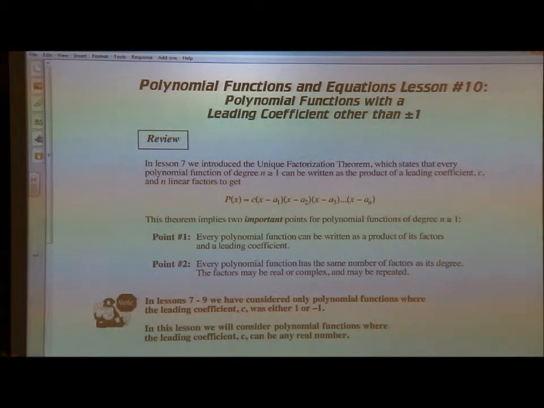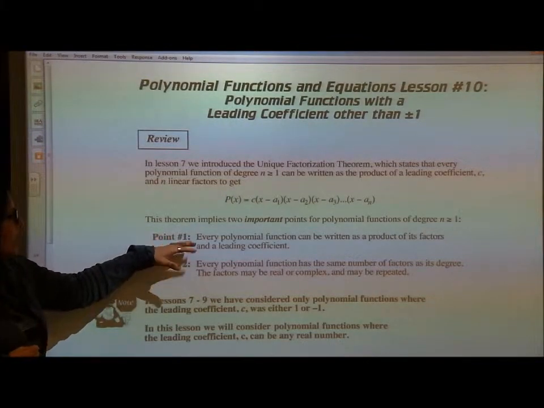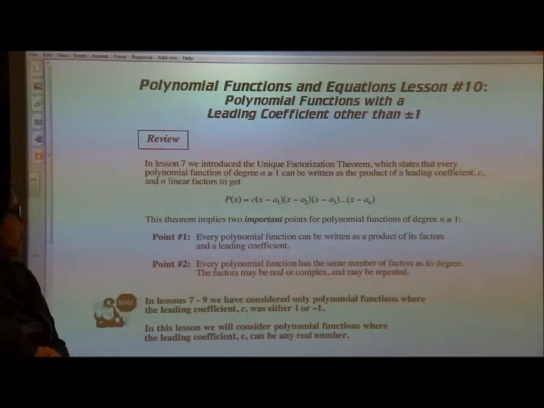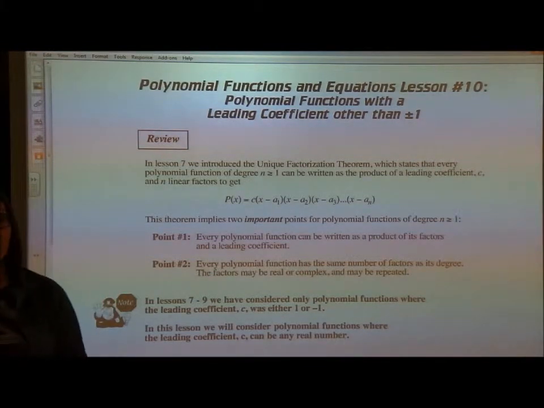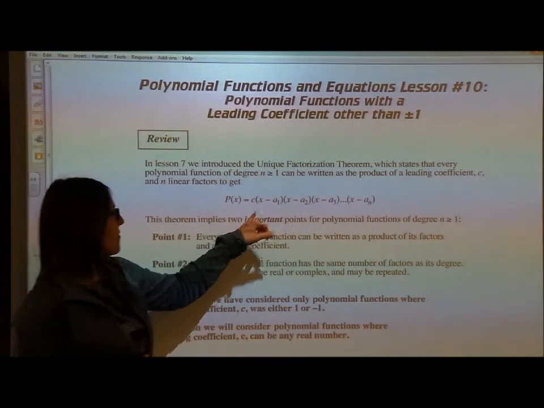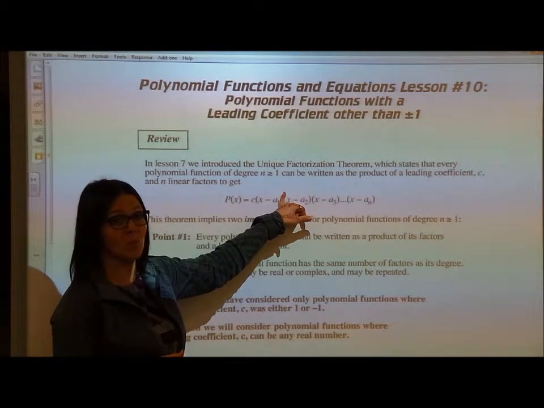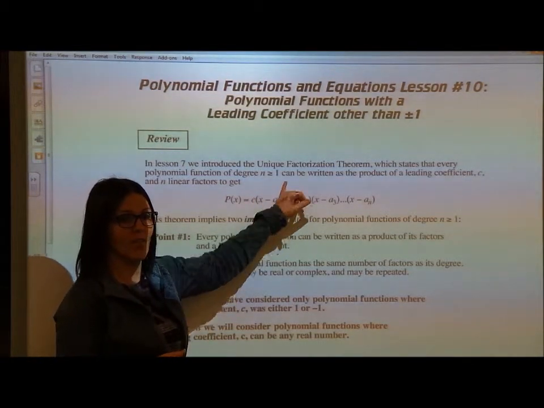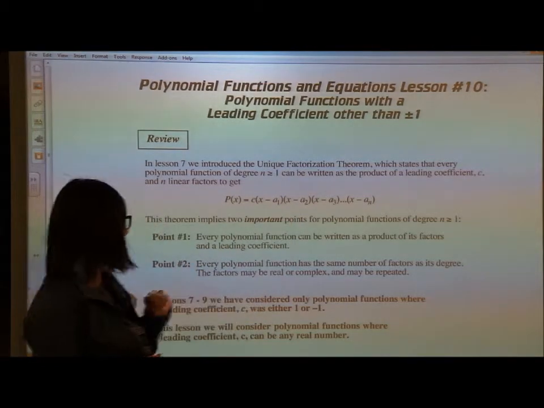There are two important points for these polynomial functions. Every polynomial function can be written as a product of its factors and the leading coefficient. And every polynomial function has the same number of factors as its degree. The factor might repeat itself, so I might have an x minus a1 squared, but that would still be 2 factors.